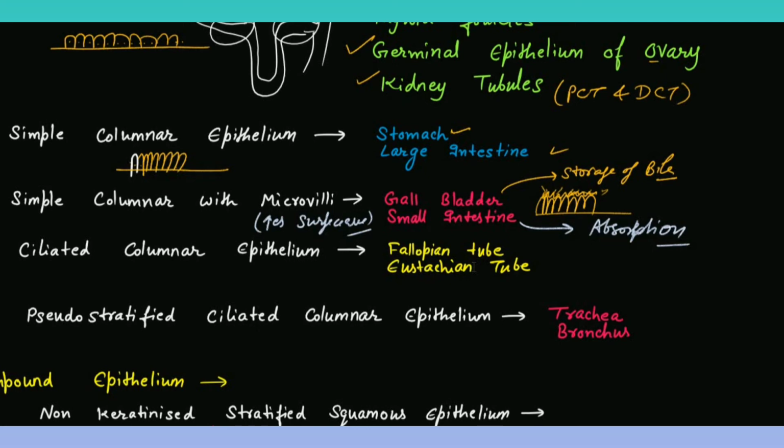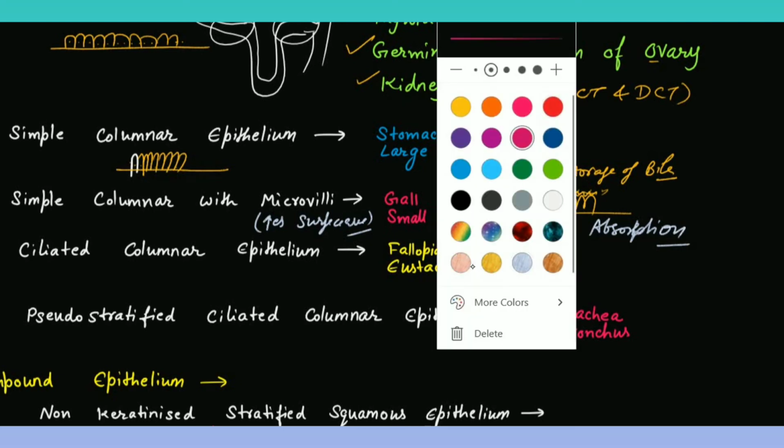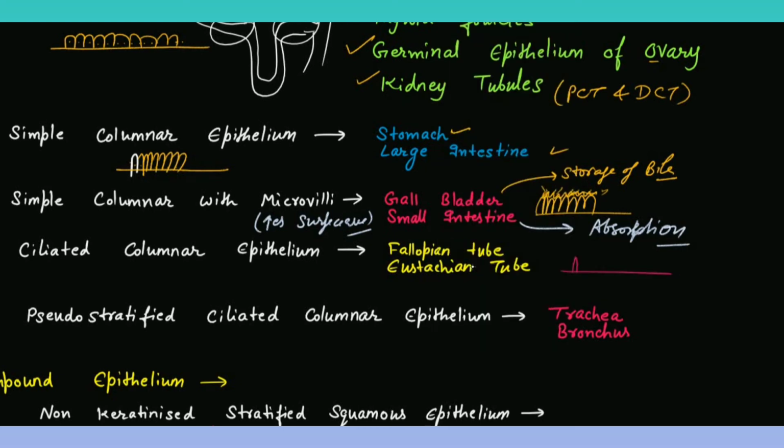But what about the eustachian tube and the fallopian tube? They also have simple columnar epithelium, but again with cilia. Cilia help in motility. In the fallopian tube we need motility for moving the ovum.